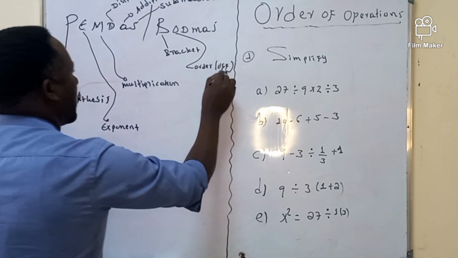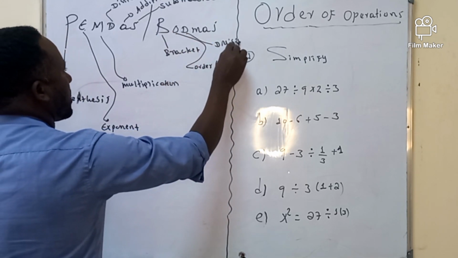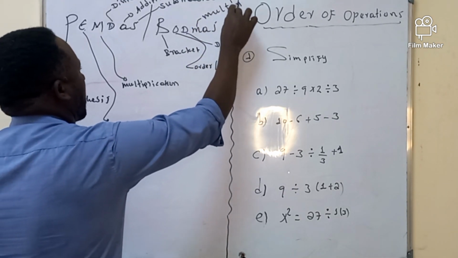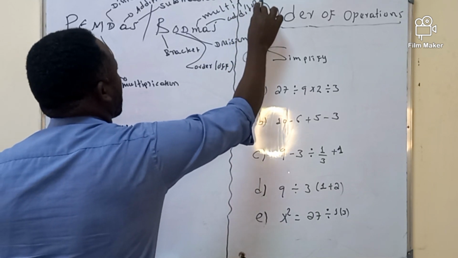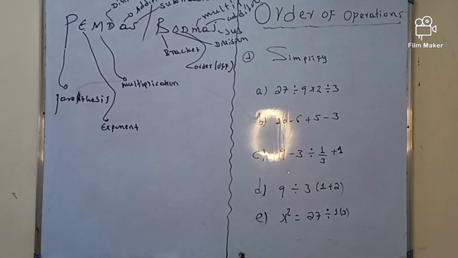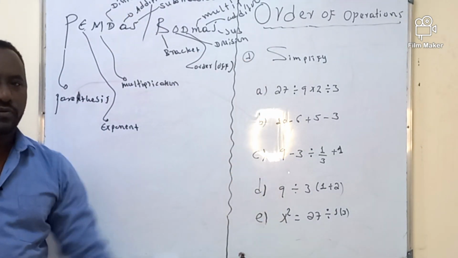Order, or of. D means division, and M means multiplication. A is addition, and S is subtraction. So how are these important principles or rules crucial in order to solve this problem?